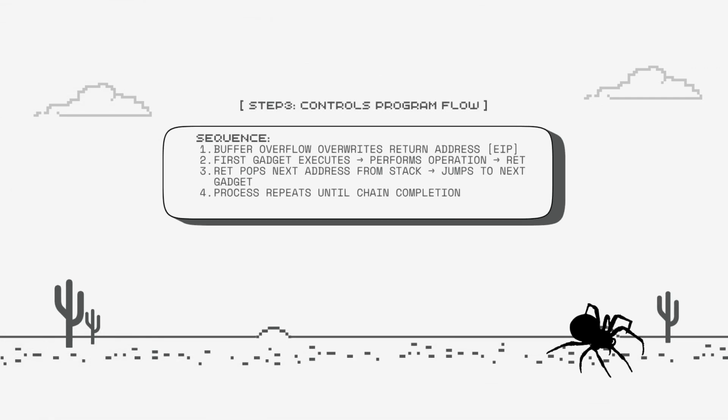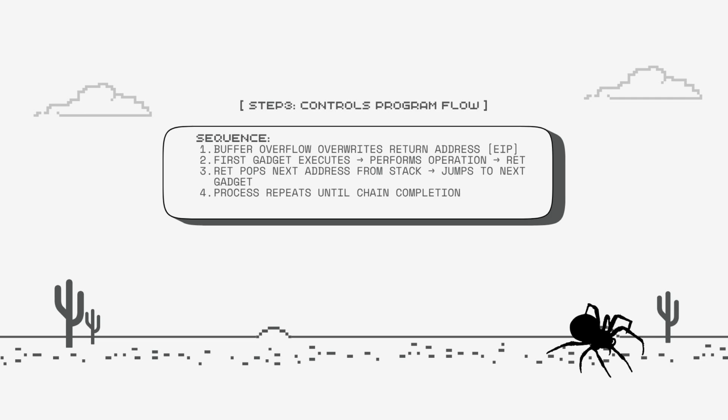Step 3 is about controlling the program's execution flow. The sequence works like this. First, a buffer overflow overwrites the return address, specifically the EIP register on x86, which is the instruction pointer that tells the CPU what to execute next. Second, the first gadget executes, performs its operation, then hits return.